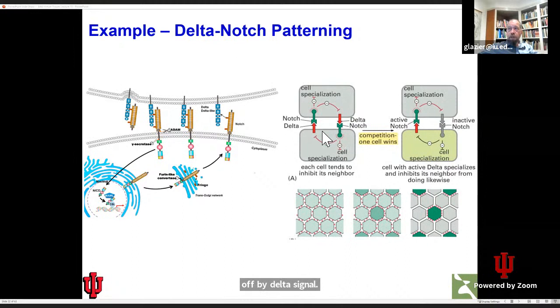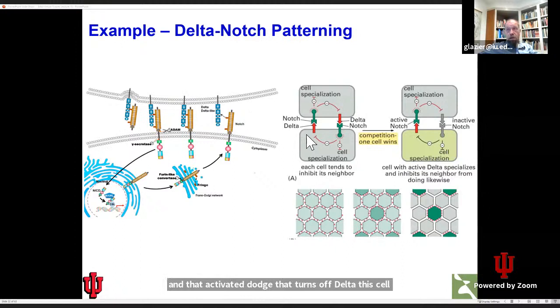And it's a little bit complicated to draw that in one picture. They've tried to do that here, but in fact, to begin with, you would have perhaps a picture where you show delta and notch on the cell without the cells in contact. Then you show delta and notch coming in contact. The delta binds to notch, it activates the notch, and that activated notch then turns off delta in this cell.